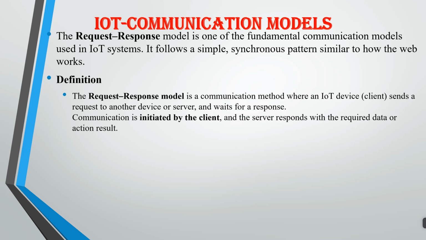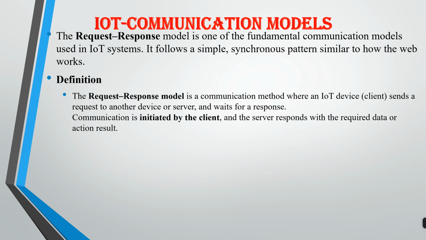It could also be an IoT device, or a server, or any application. Normally it's a server or a device, which then gives a response. The IoT device is a client which sends a request.